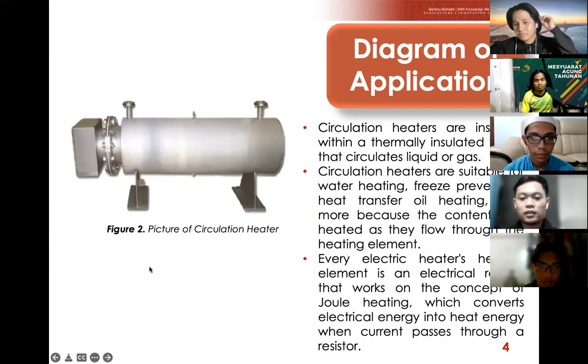Every electric heater heating element is an electrical resistor that works on the concept of Joule heating, which converts electrical energy into heat energy when current passes through a resistor. Okay, next.